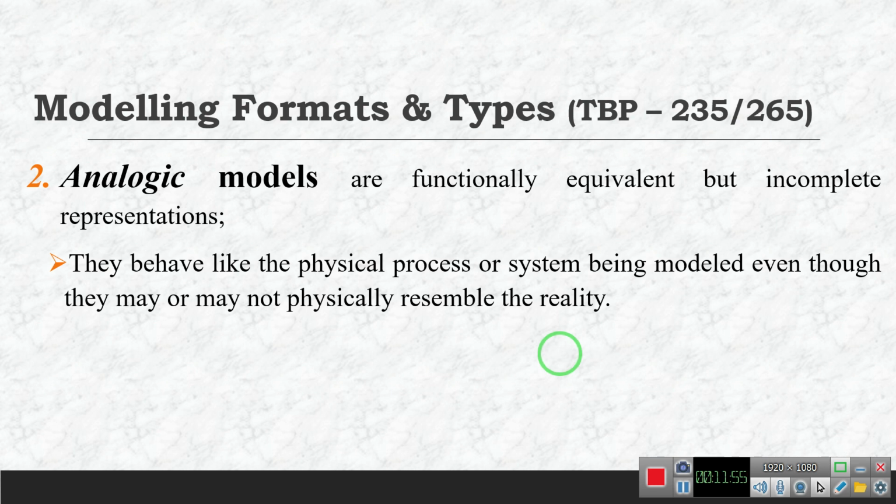They are only concrete or 2D and 3D models which look the same, but we cannot test on them. But analogic models are functionally equivalent, so we can test on them, but they are not the big or actual scaled solution, like an aeroplane.